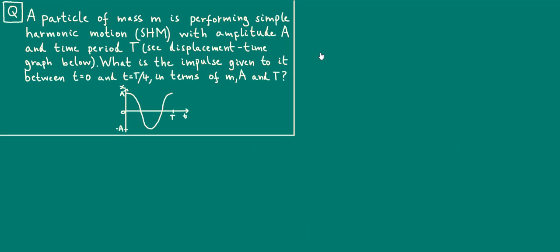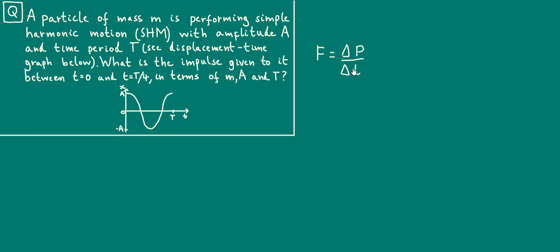Okay, welcome back. To answer this, we of course have to recall what impulse is. Remember that Newton's second law, F equals ma, can be expressed equivalently as follows. F, the resultant force, is equal to the change in momentum of a particle divided by the time taken for that change.